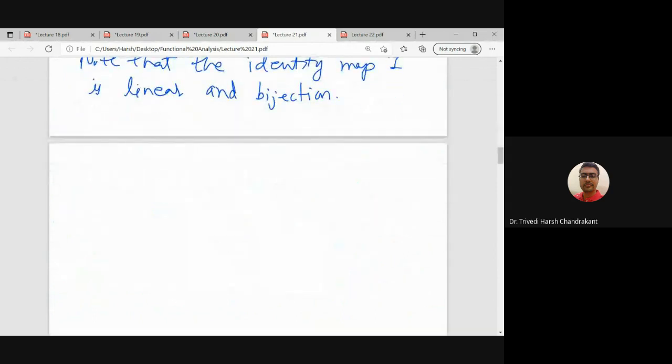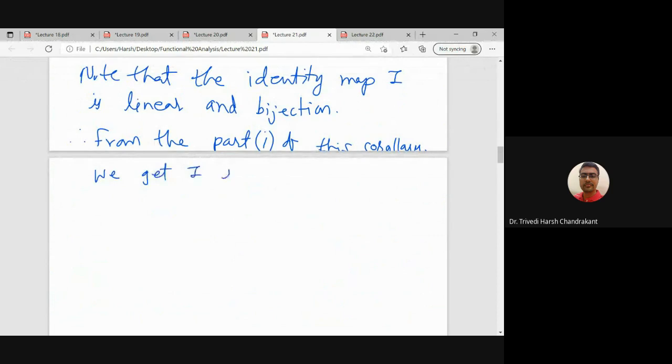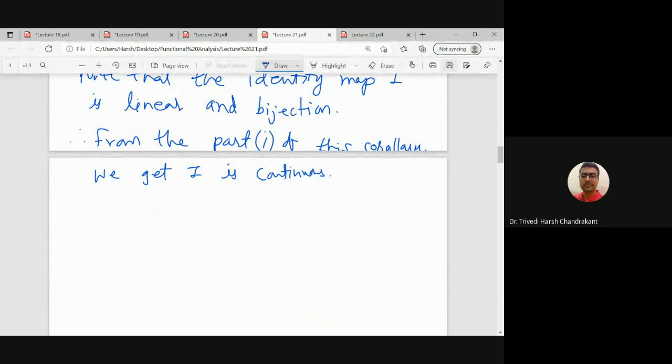So therefore from part 1 of this corollary, we get that the identity map is continuous. Right. So not only continuous, it is a homeomorphism.